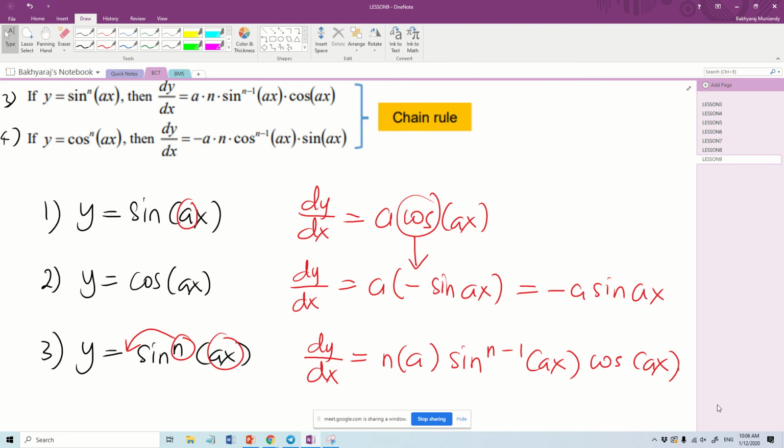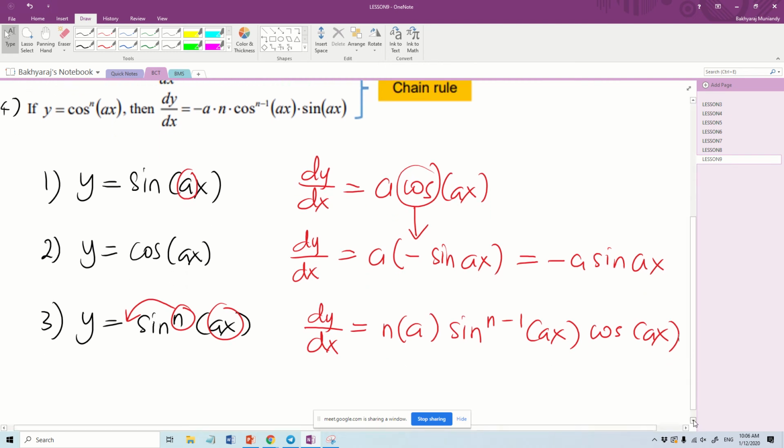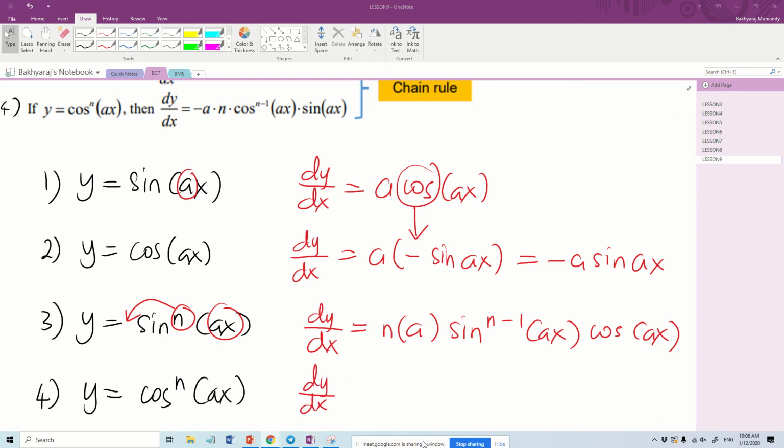About number 4. Number 4, you have y equals cos power of n of ax. So remember what the formula is. dy/dx: as I said, you must bring down the power.